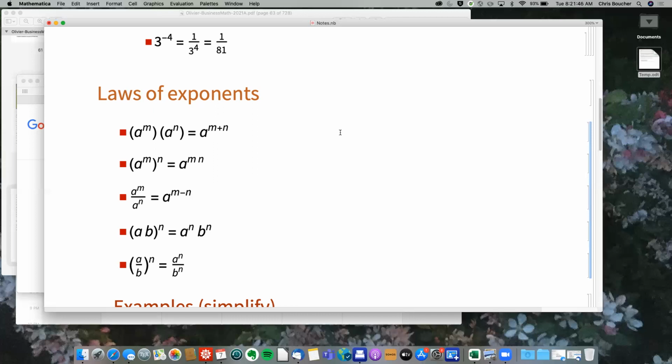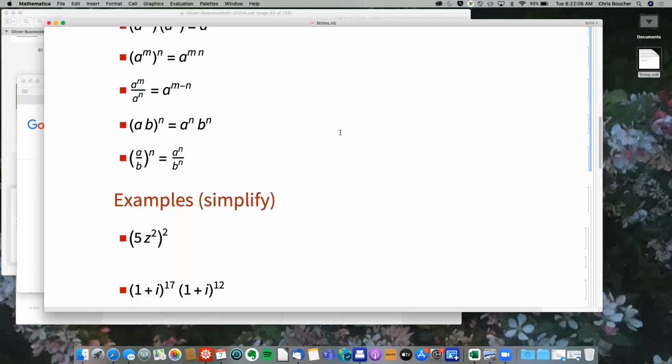And what's the effect? I raise each factor to that power, right? So this is always true, and this is true even if this power is a fraction, even if the terms in the product are complicated, right? The same basic rule always applies. And similarly, when you raise a quotient to a power, you raise top and bottom.